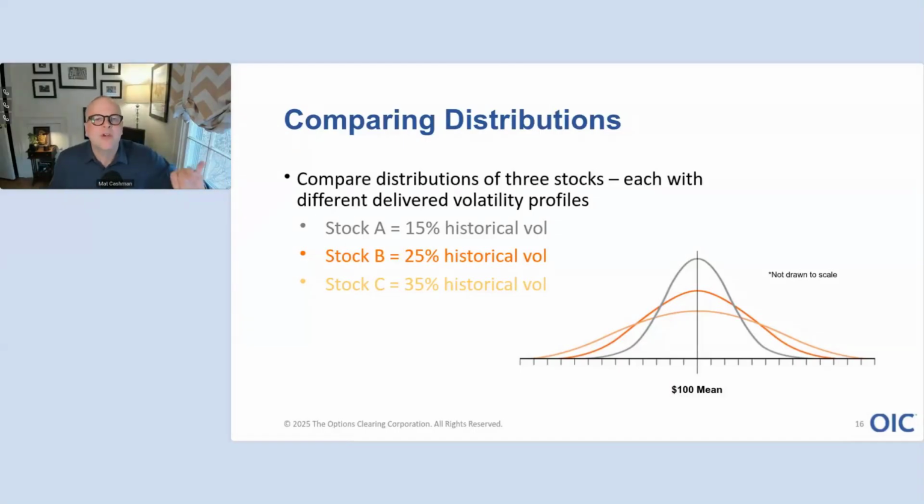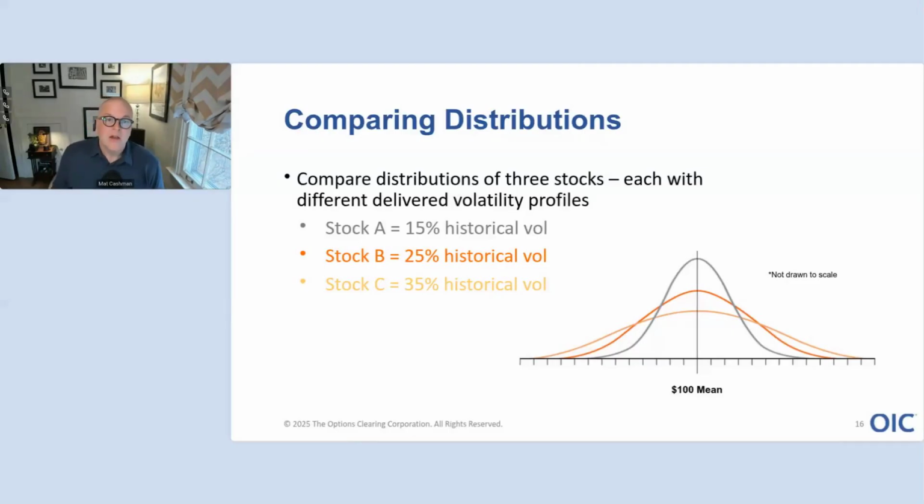It's meant to give you an idea of the fact that as volatility rises, curves generally flatten as far as normal price distribution curves. You'll see here, this 15 historical vol is a stock that's not moving that much. What are the characteristics of its normal price distribution?